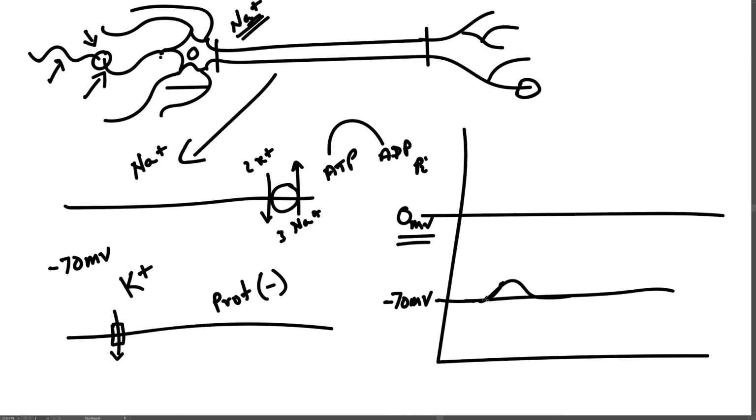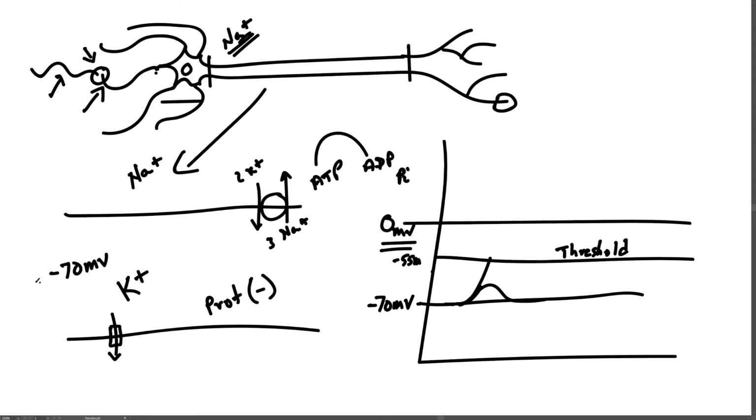If, however, you have enough sodium that you reach the threshold at something like minus 55 millivolts, then you hit a point in which there's an all or none response, in which the sodium channels open.